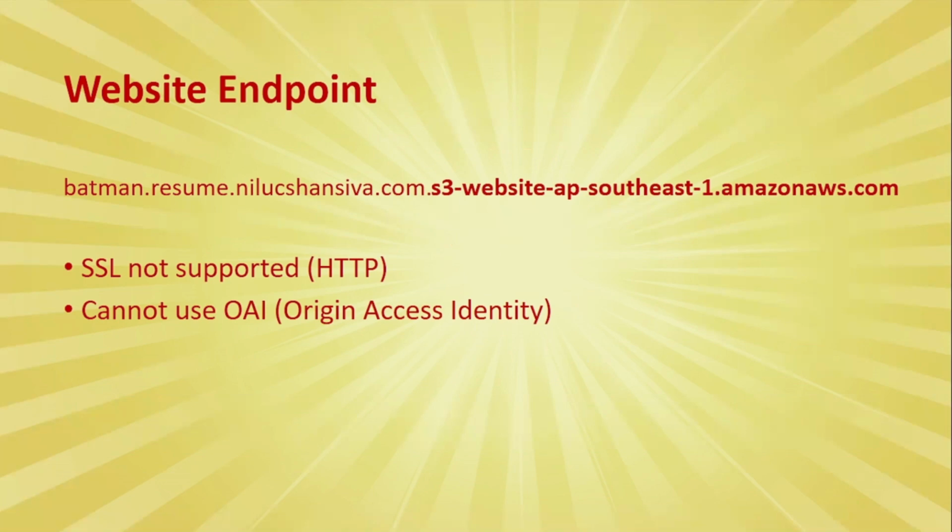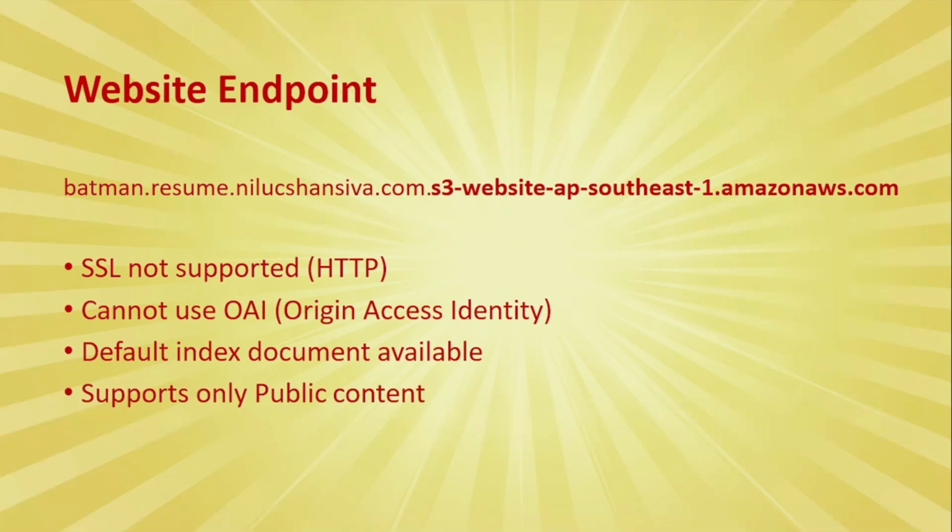Our S3 bucket should allow public access. A default index document is available. When we visit a website endpoint, we will be presented with a default document. In our case, it was index.html. It supports only public content. Now, if you need more details on this, check the link that I put in the description of this video.